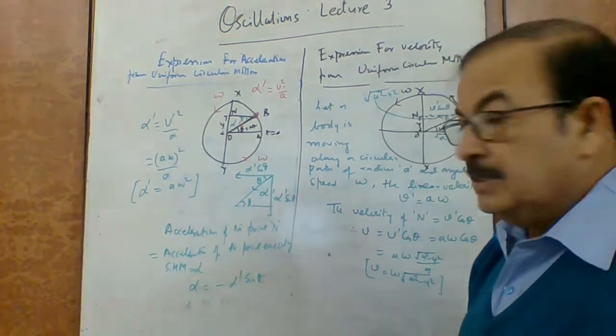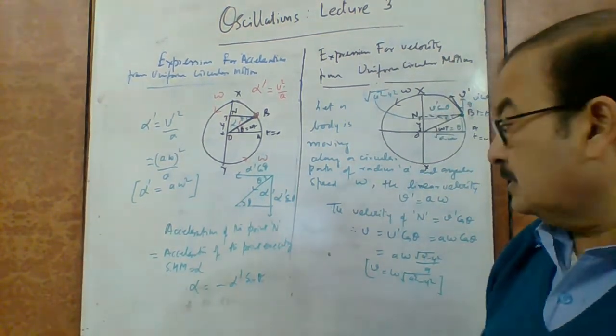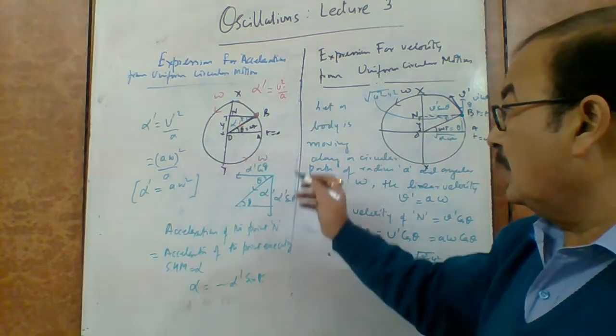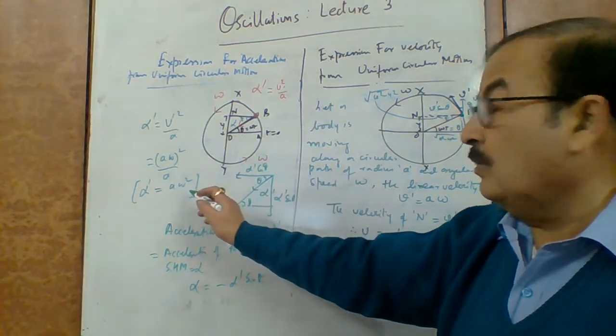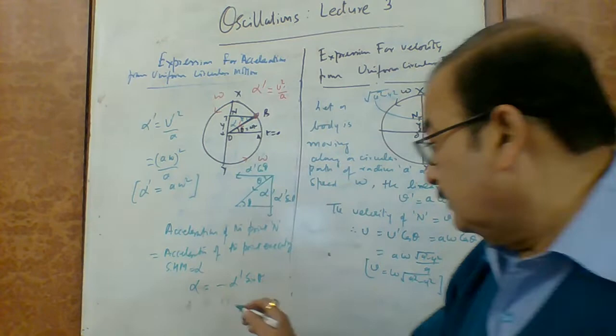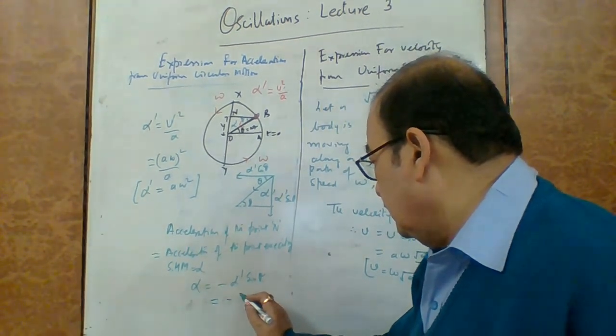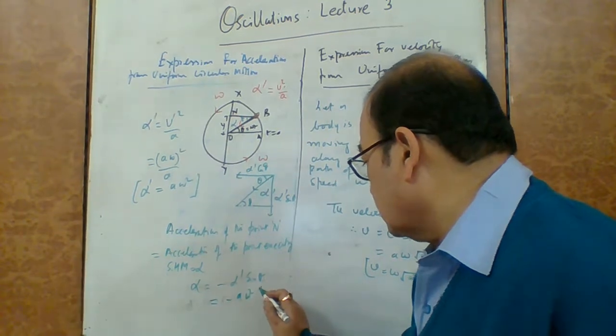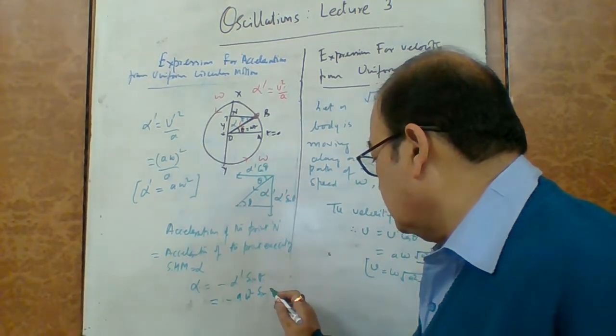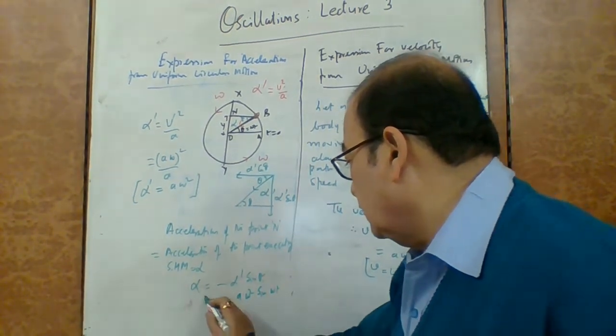From this diagram you can very easily see it is minus alpha dash sin theta, and alpha dash itself is a omega square. Okay, therefore we write it as a omega square sin theta. Sin theta means sin omega t.